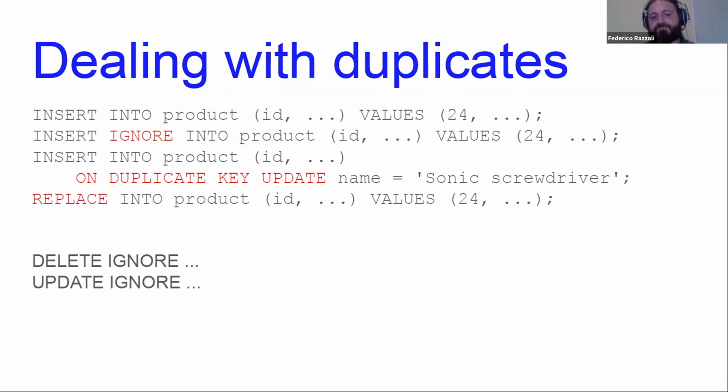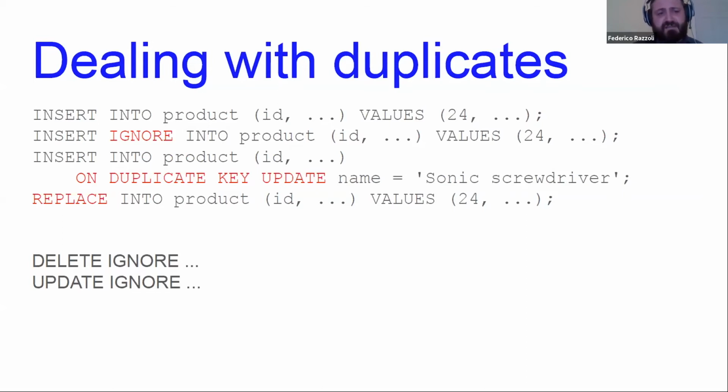So it means if the row we are inserting is a duplicate, so it tries to duplicate a value in the primary key or in a unique index, then instead of adding a row, just take the existing row and change the following columns, okay? So in this case, we are specifying a new value for the column name, okay?